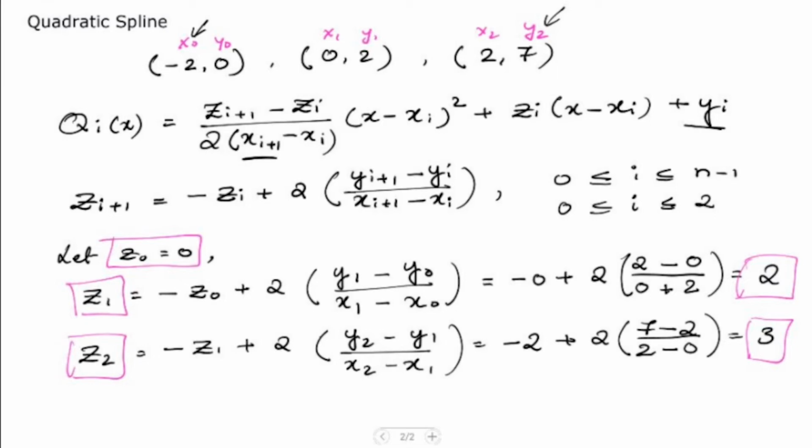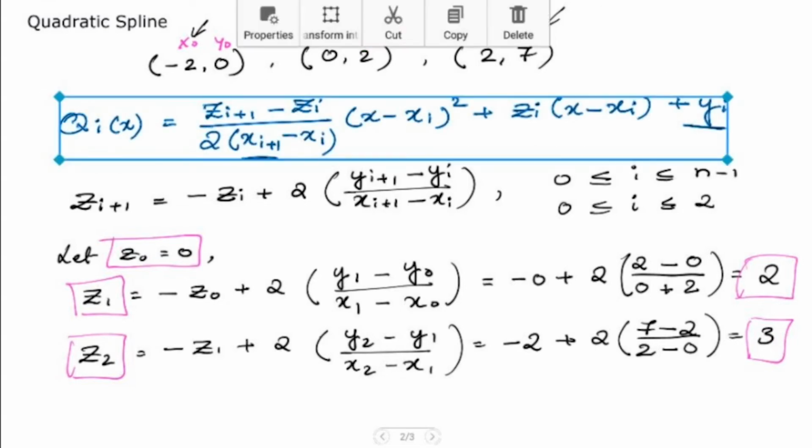Now we'll use these values to get our splines. As we have 3 data points, we'll have 2 splines. Between the first 2 data points, we have the spline Q0, and between the next 2, we have the spline Q1. Before I find the splines, let me copy down the formula here.